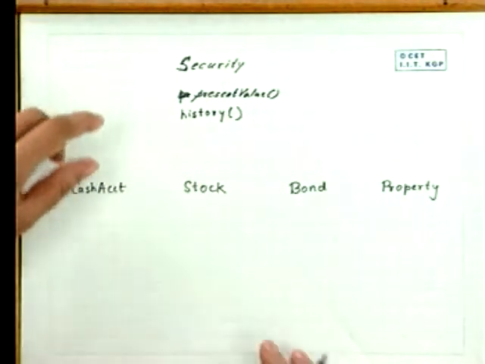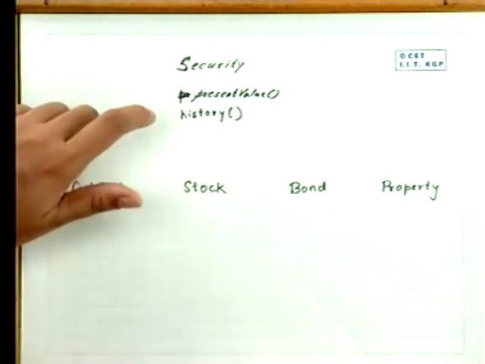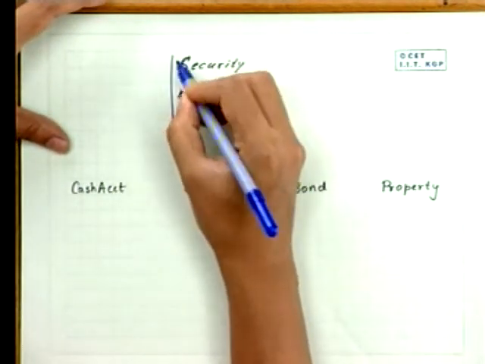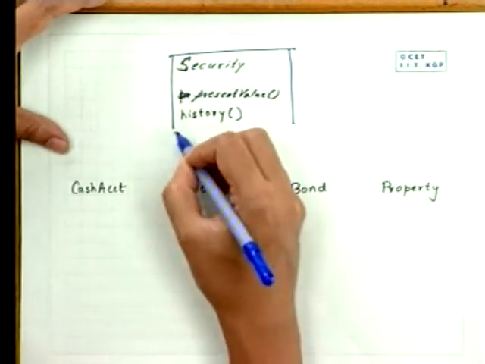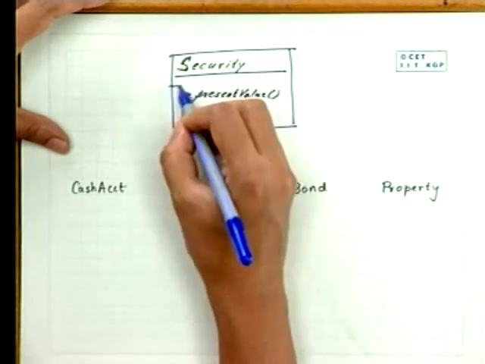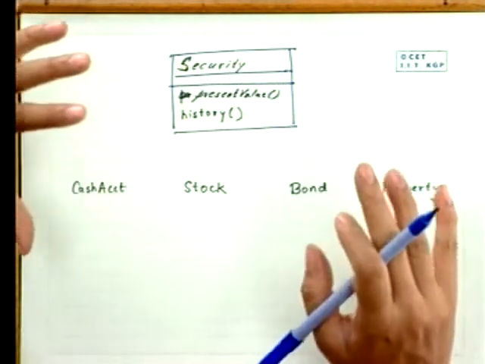Note that we have written security and present value in italics. So this denotes that security is an abstract class. In the system, there will be no object of the class security. But the definition of security provides an interface, and all objects that are subclasses of the class security must implement this interface.